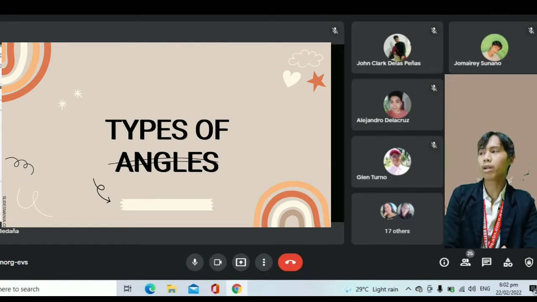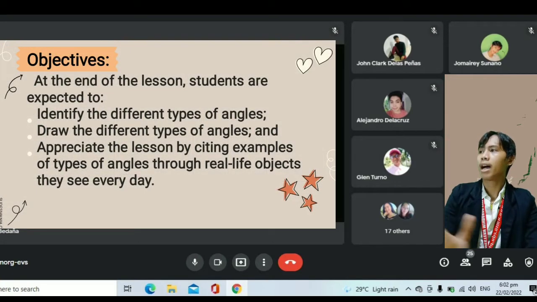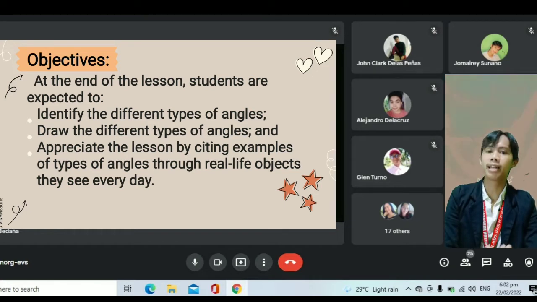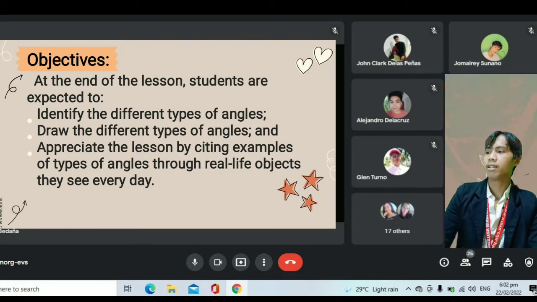But before we proceed to the discussion, all of you must achieve this objective. At the end of the lesson, students are expected to first, identify the different types of angles. Second, draw the different types of angles, and last, appreciate the lesson by citing examples of types of angles through real-life objects they see every day.